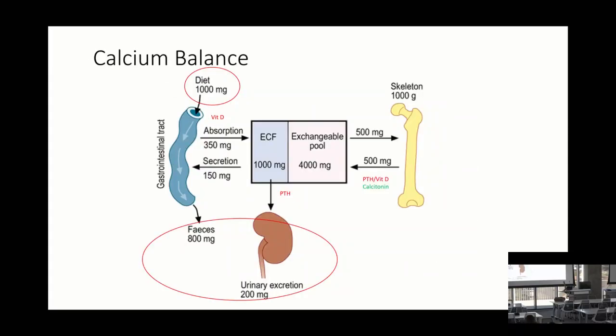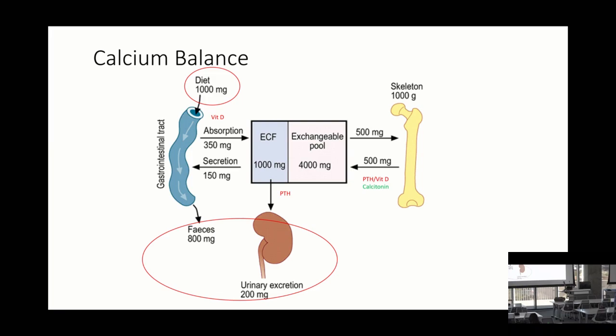This is looking at how calcium is regulated in the body, the balance of calcium. As this picture illustrates, we ingest about 1,000 milligrams of calcium per day, and you can see the different hormones that play a role in the regulation of calcium: vitamin D, PTH, and calcitonin, to keep a balance so that the net intake of calcium is equal to the net output.